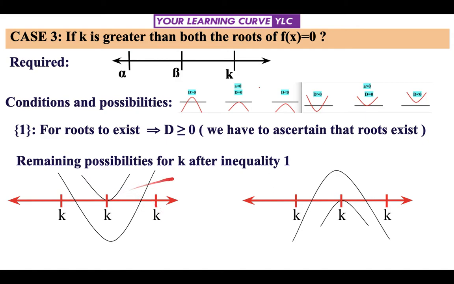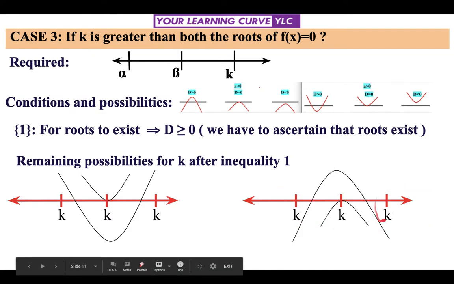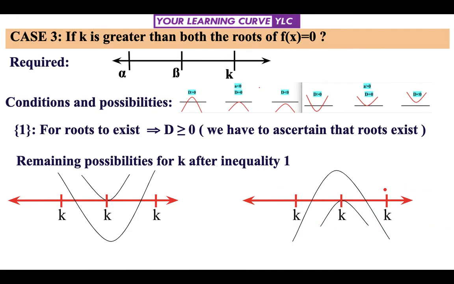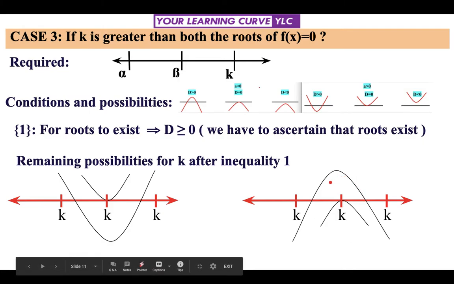So still the number k could lie anywhere on this number line x, and in relation to the parabola, it could be towards the left of the parabola, towards the right of the parabola, or in between, that is, k could be lying on the outskirts of the parabola or in between.